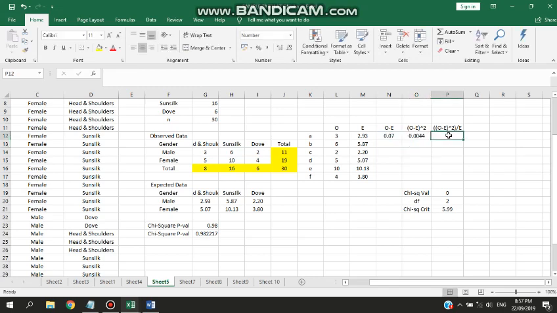You have it, equals, divided by the expected range. And then you have to drag this one. Drag. There you can get the chi-square value.